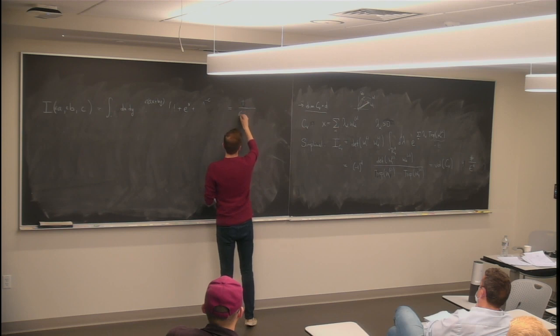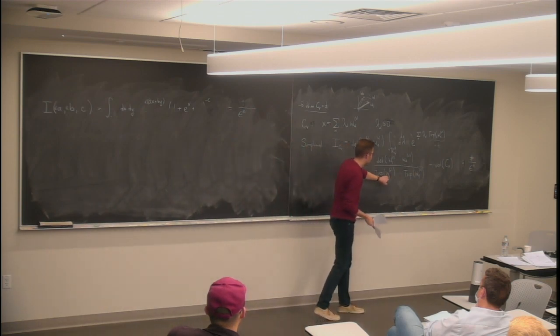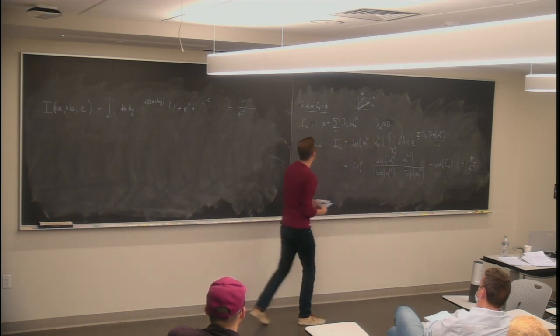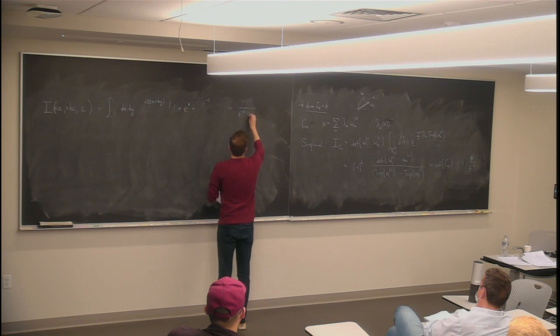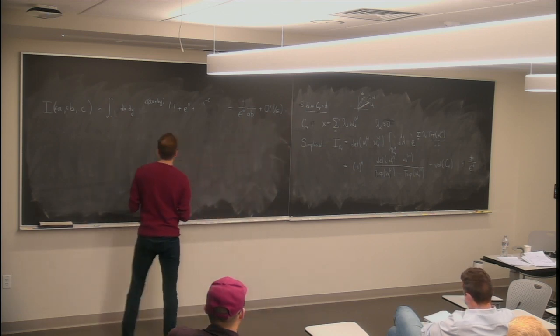I guess I should have applied this to this example. If we apply this to this example that I just erased, we would see that everything goes like 1 over epsilon squared, and that the value of the Trop function in this direction and this direction would be as the a.